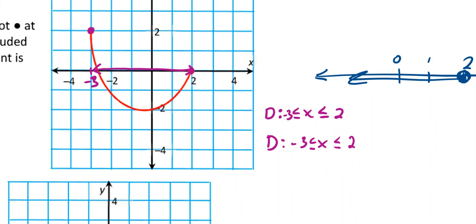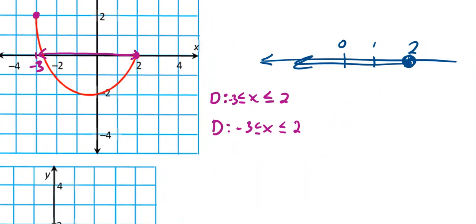Yeah, that's your domain. Technically, though, the whole thing written out in Mathanese would be: x is greater than or equal to -3, less than or equal to 2, and then you'd write a comma, which in math means the word where, x, and then a new symbol, is a member of the real numbers.